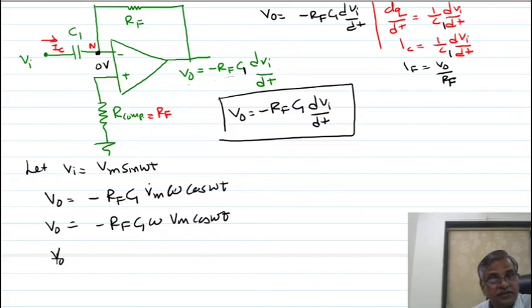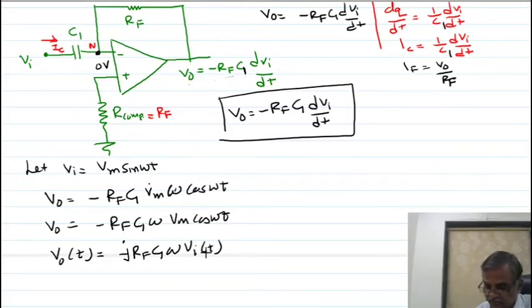If I write the phasor equivalent equation of this, it is with j omega, because j indicates the phase. This is called the phasor equivalent.